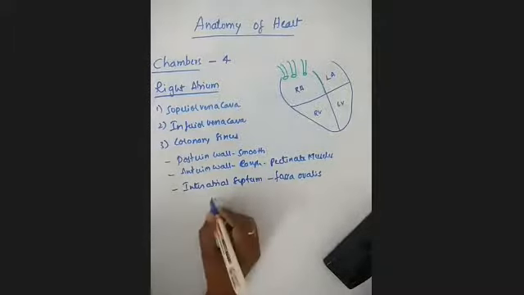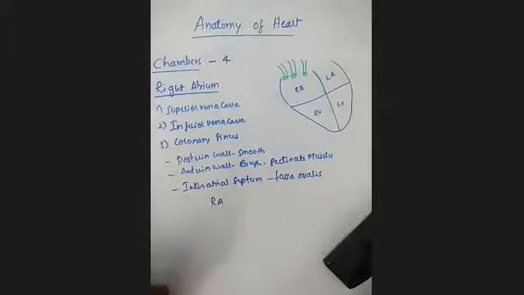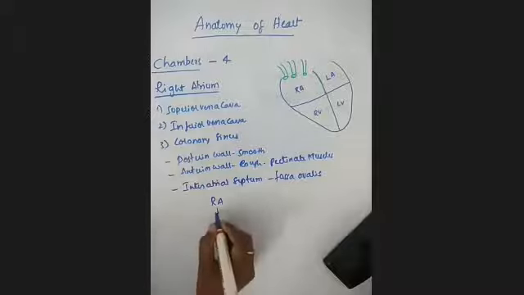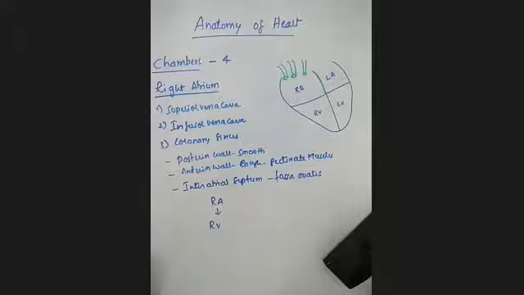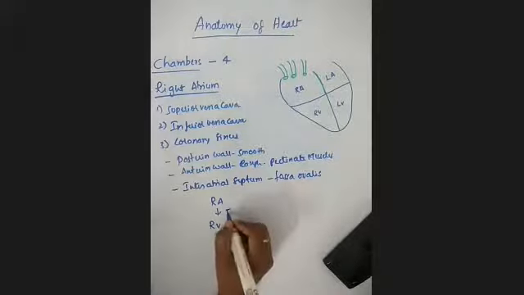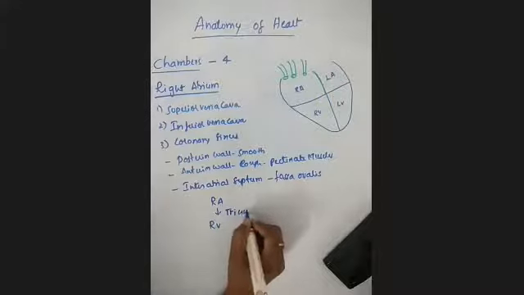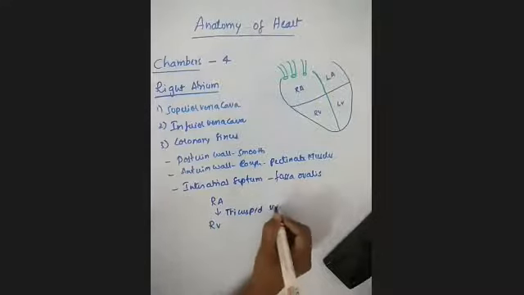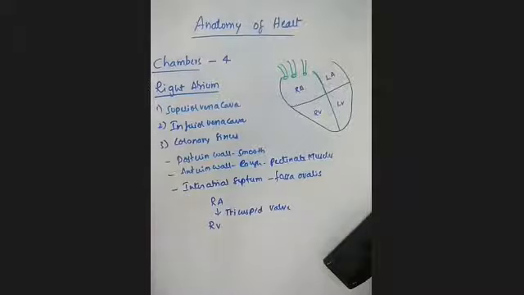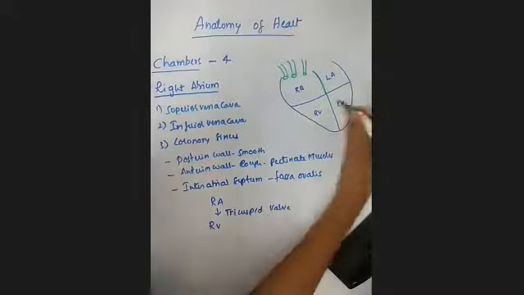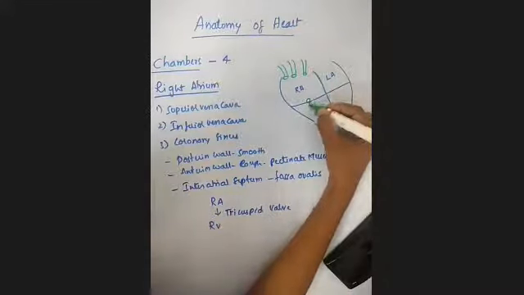Clear? And next, this right atrium sends the blood to the right ventricle through a valve. You will call it the tricuspid valve. See why it got the name tricuspid valve: because it has three cusps.